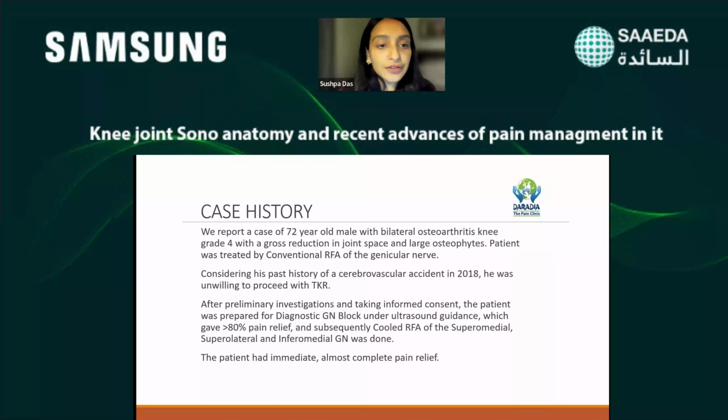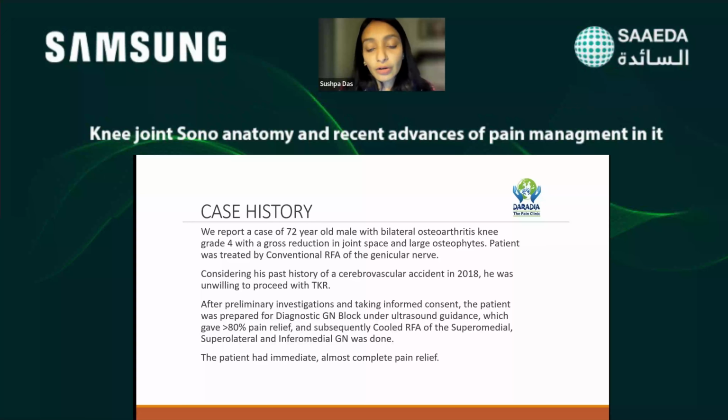So here we discuss a case of a 72-year-old male with bilateral knee osteoarthritis, grade 4. Grade 4 is where there is very minimal or absolutely no joint space left, or there is no cartilage plate left between the two bones, the tibia and the femur.